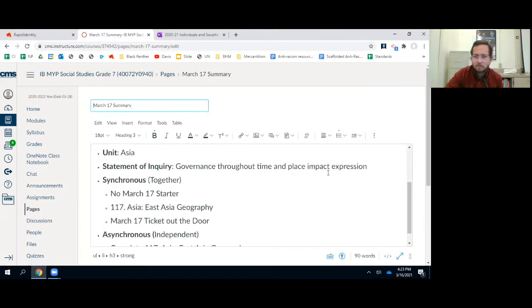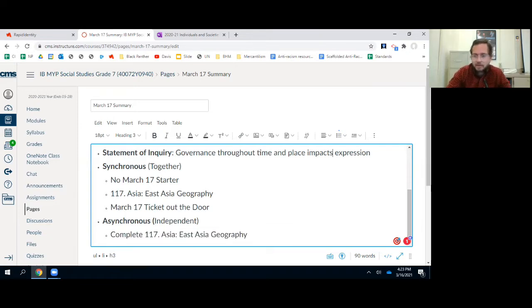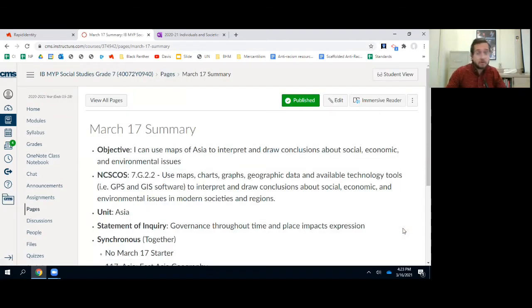So basically what I'm trying to say is, depending on the government at a certain time, throughout history, and then throughout different locations or places, it impacts everyone's ability to express themselves, whether through art, through their views, through their political decisions, through their dress, their clothes, whatever that may be. So governance throughout time and place impacts expression and what people can say and do.